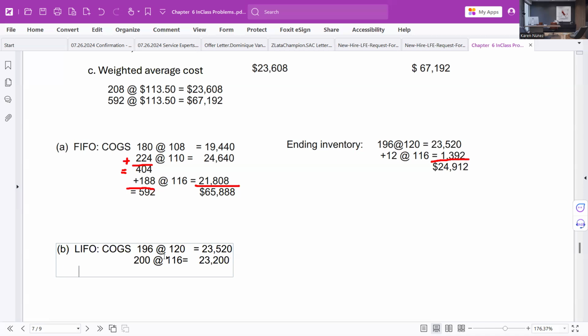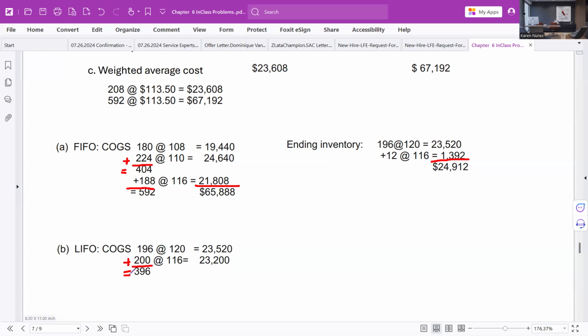Where does that put us? Let's put in a little subtotal. That puts us at 396: the 200 plus the 196 gives us 396.